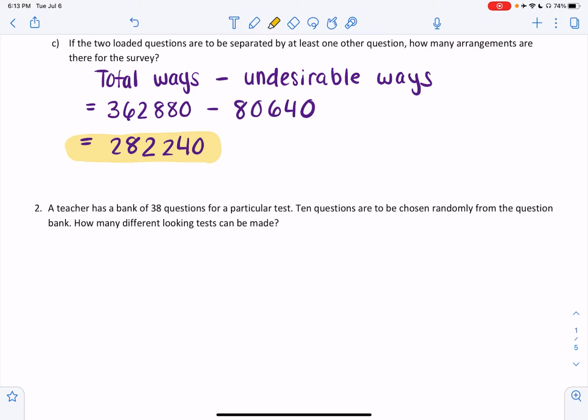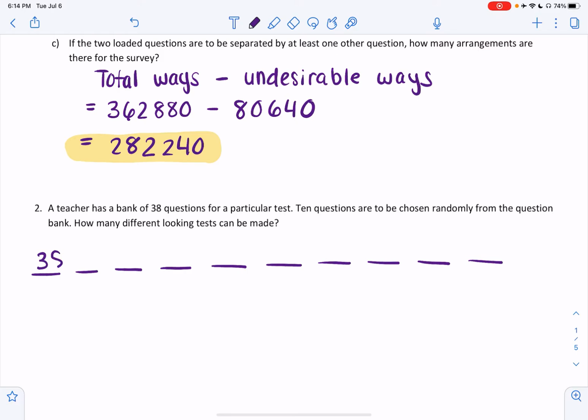So let's write out all of our spaces for the 10 questions. 1, 2, 3, 4, 5, 6, 7, 8, 9, 10. Now we have a question bank that is 38 questions. So for question 1, there are 38 different choices. I could select any of those 38 questions.